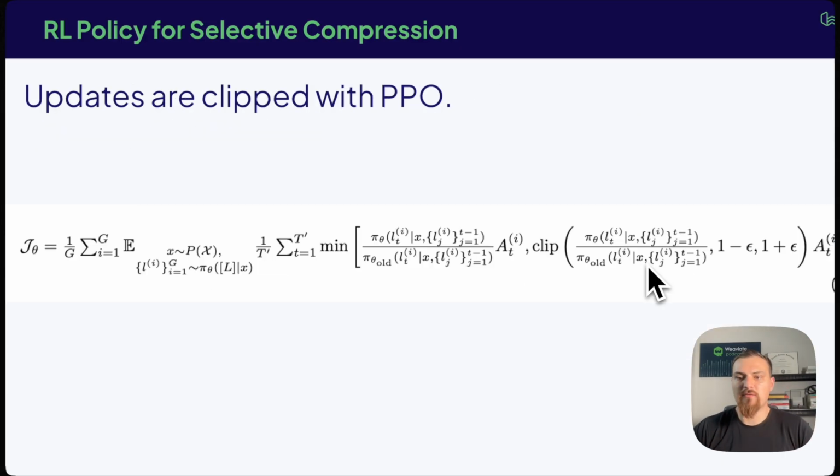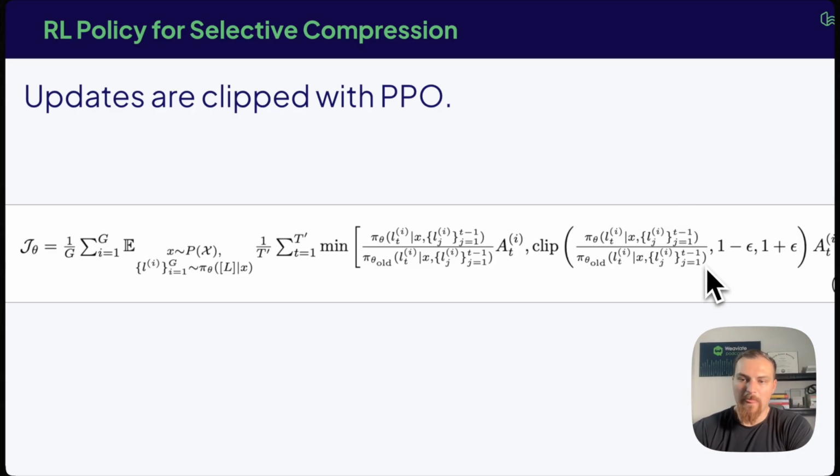Then the idea from PPO that we're going to be using, and there's a little more to PPO, but this particular clipping idea is what's extracted and used in our reinforcement learning recipe. So the TLDR of the idea is that if this action sequence from the new policy is way higher than under the old policy, then you're just going to clip the loss.